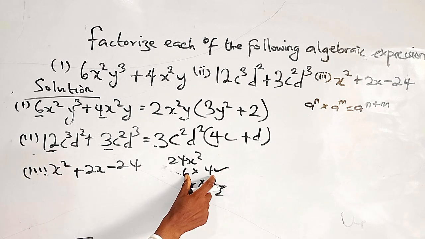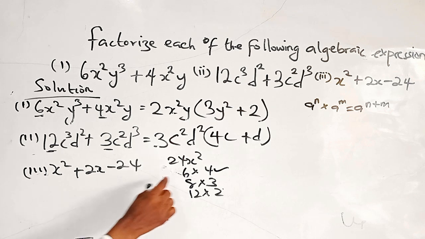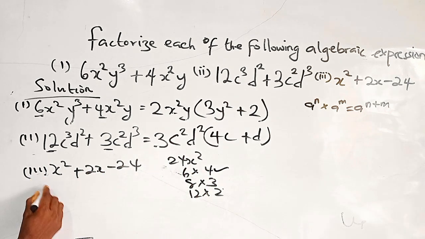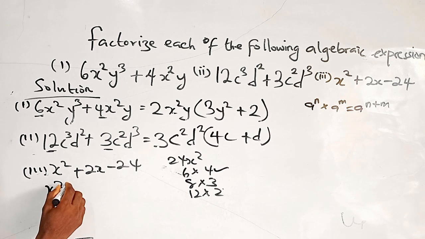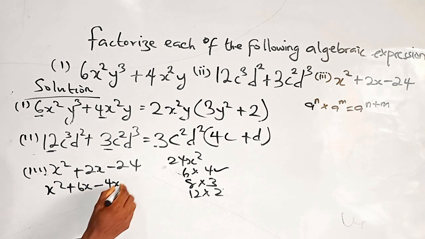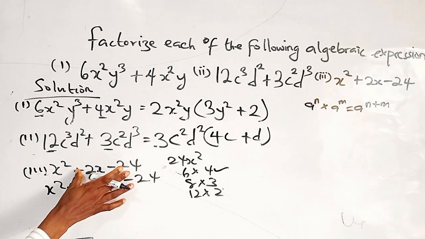Because 6 times 4 is 24, and 6 minus 4 gives 2. So I have x squared plus 6x minus 4x minus 24. I'm trying to factorize this.